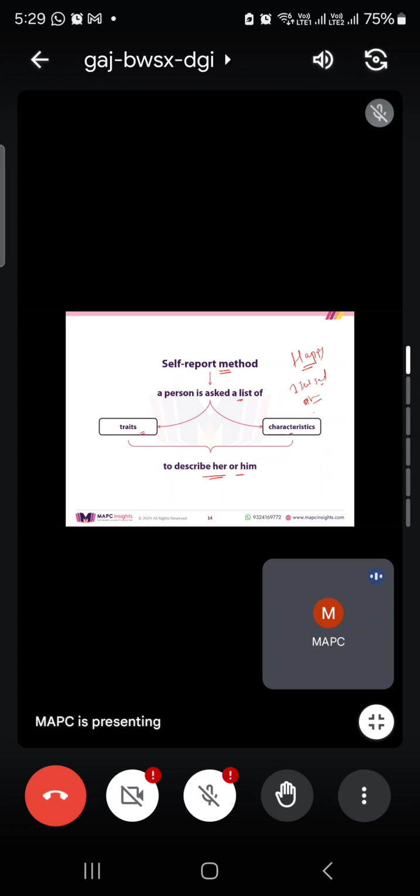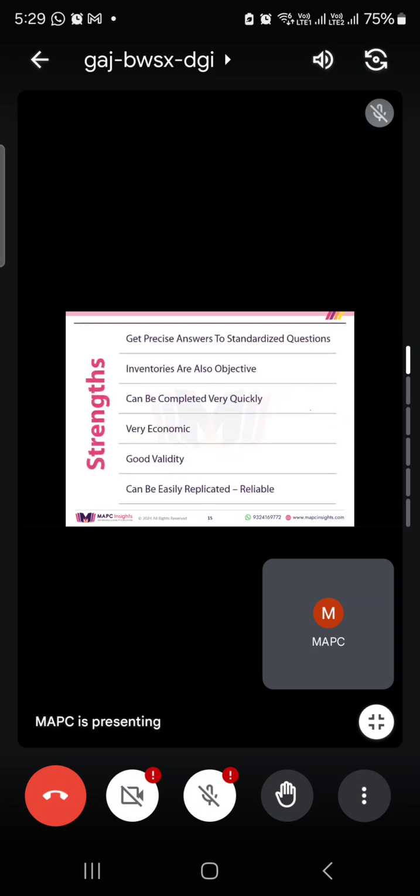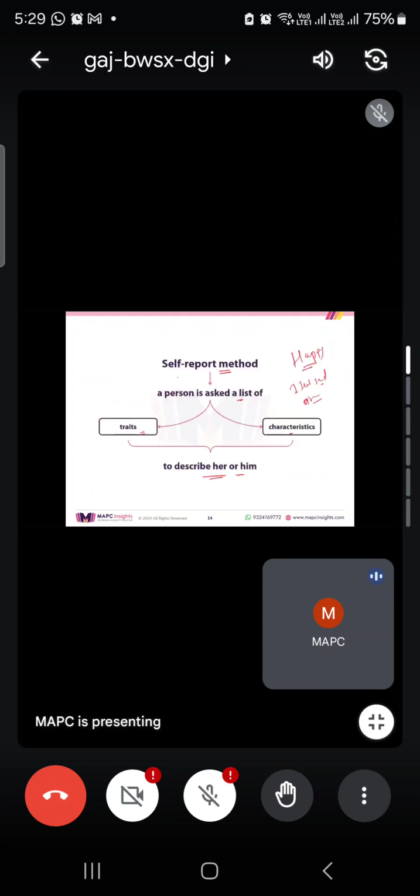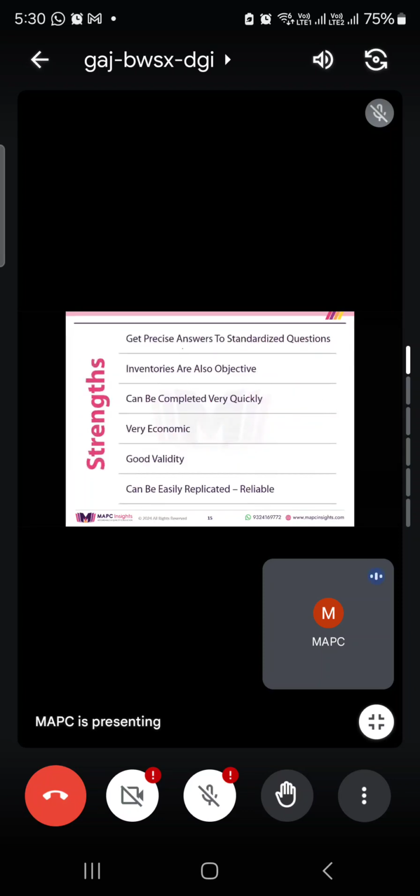This kind of characteristics or traits a person can enlist. Now, the strengths of the self-report method. Here we get a precise answer to a standardized question.